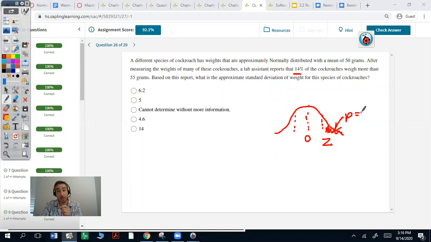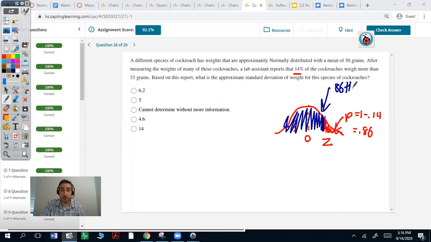That's going to be 1 minus 0.14, which is 0.86. So the 86th percentile. So I want to know what is z at the 86th percentile? We will use the calculator for a little bit of it, but we do have to do some work.